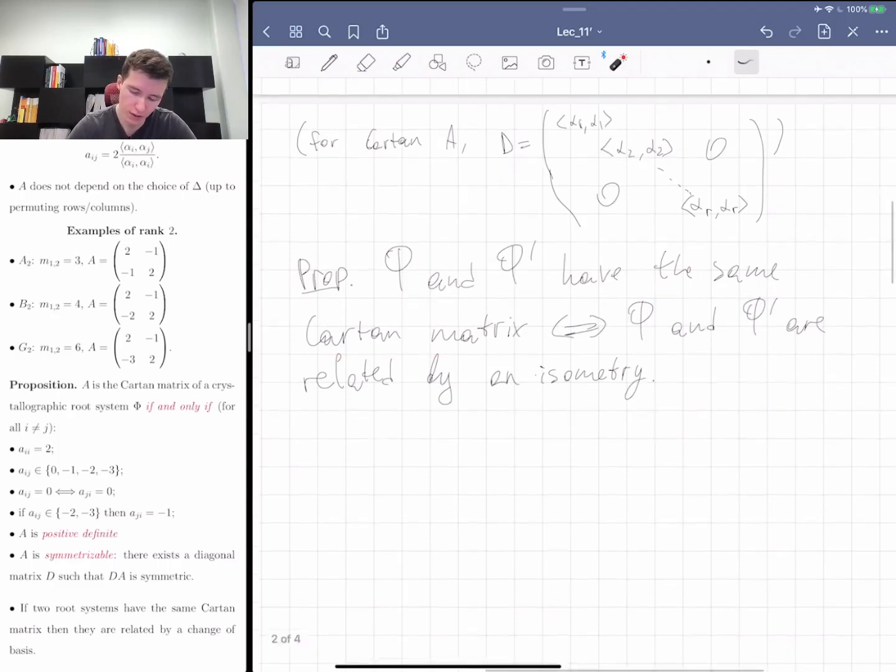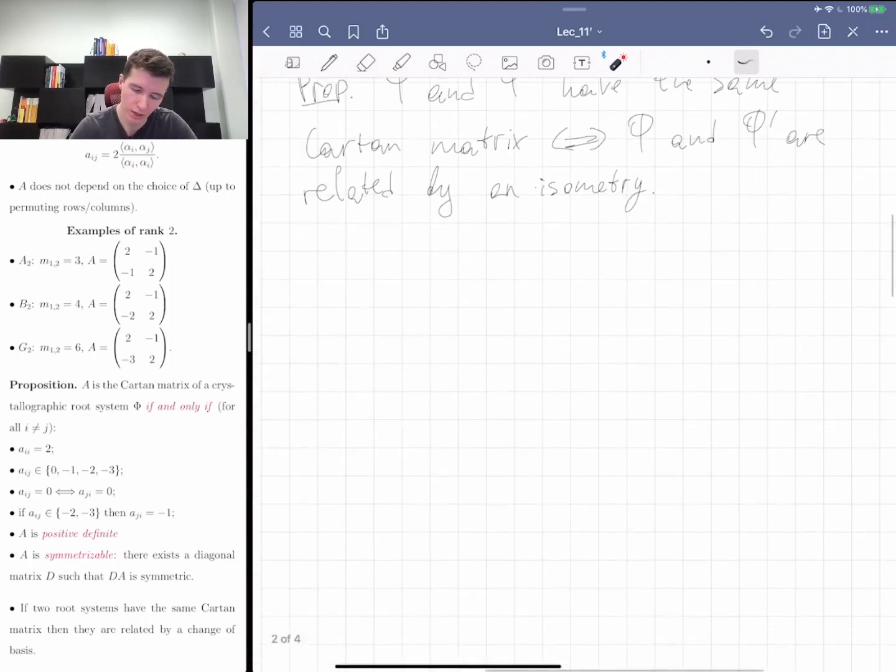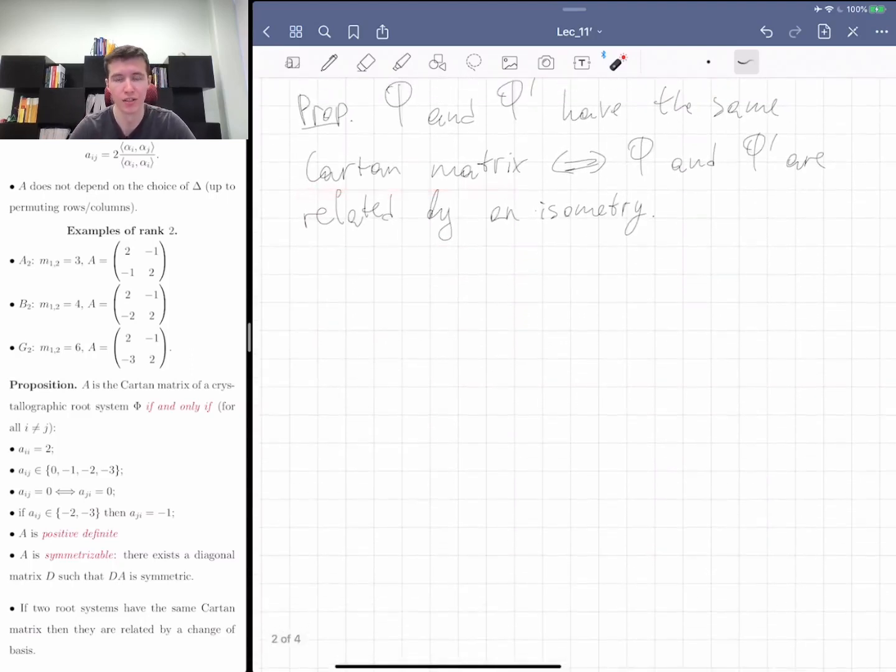And let me make this problem even more combinatorial. Instead of classifying Cartan matrices, I'm going to classify Dynkin diagrams, which are certain graphs. A Dynkin diagram is defined as follows: you give me a Cartan matrix and I give you a graph.